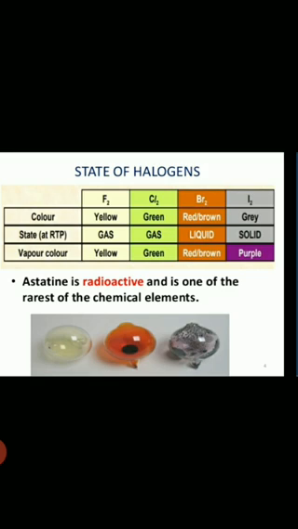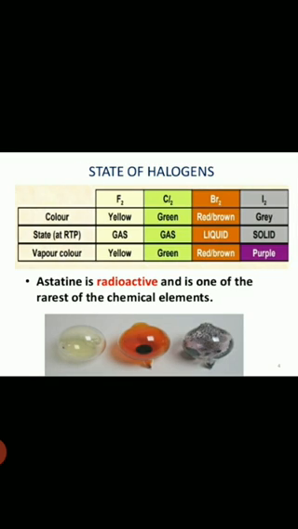Now students, the state of halogens. Fluorine, its color is yellow, chlorine it's green. One thing more, the halogens are not found in nature in the monoatomic state. They are found in the diatomic state.